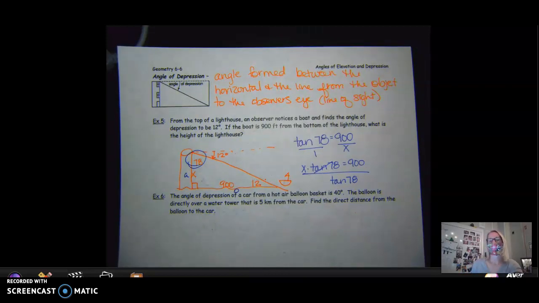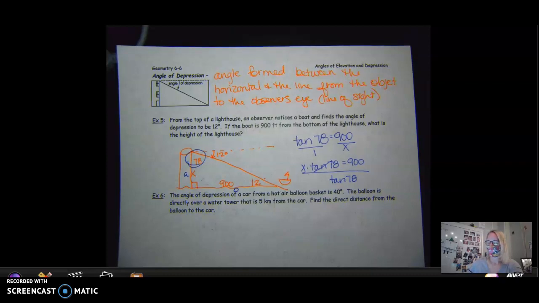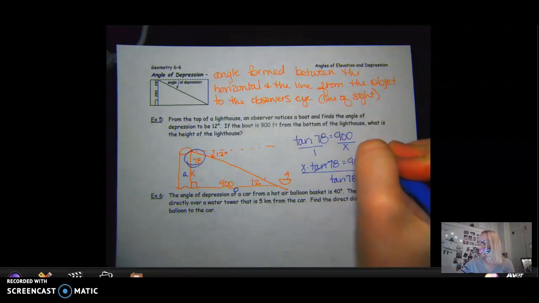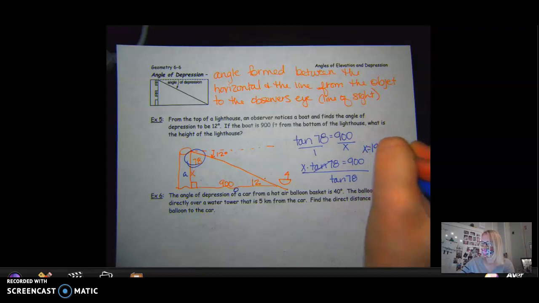So 900 divided by tangent of 78. What would that be? 191, that sounds better. So X equals 191.3, and that's feet.